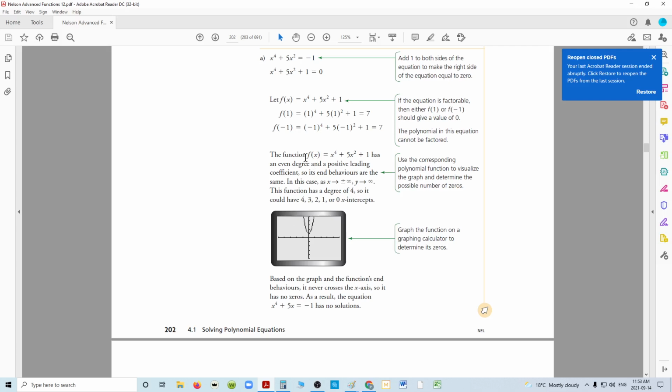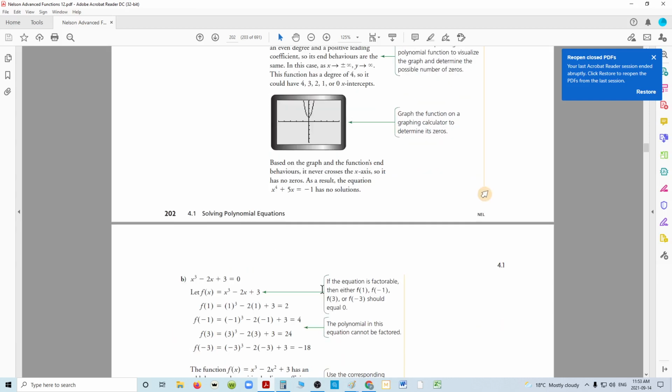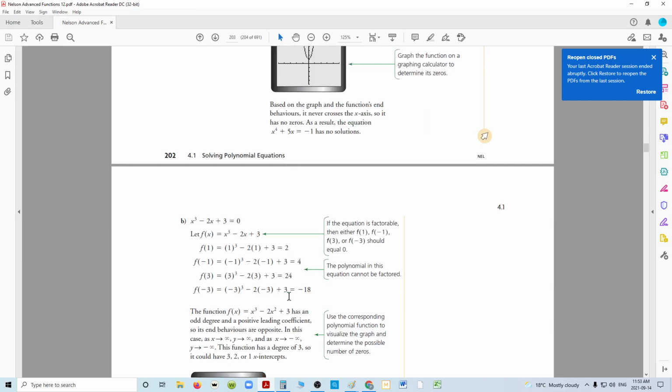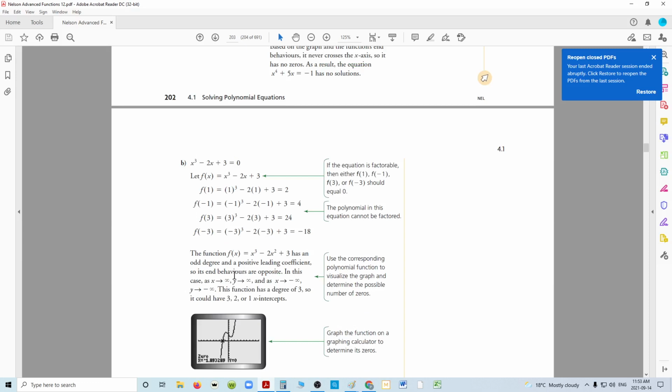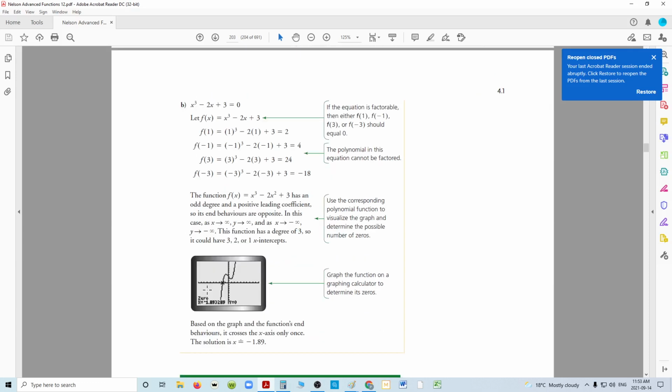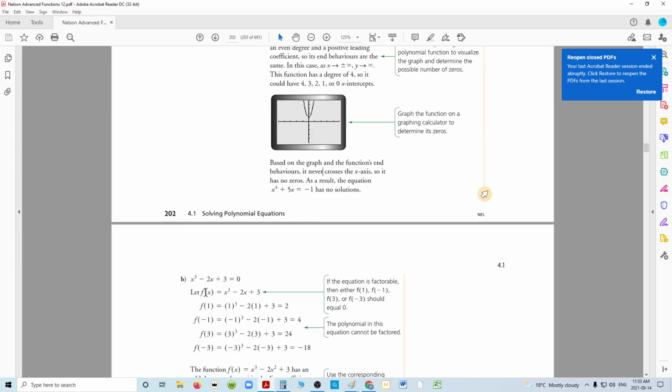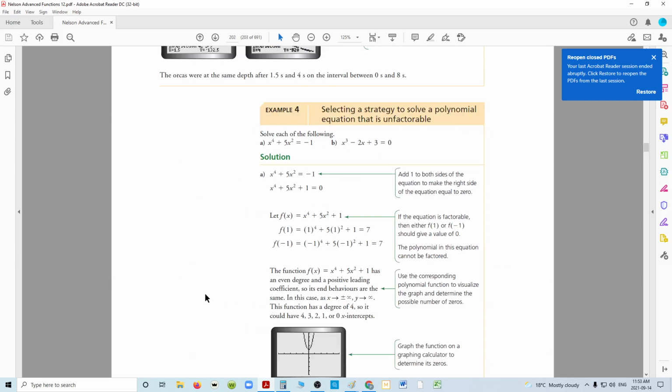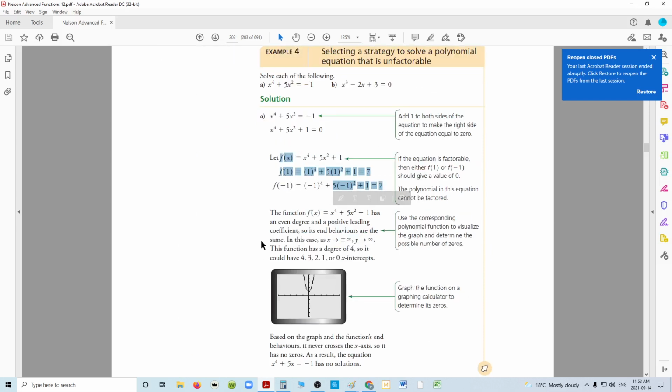They determine the first one never crosses the x-axis. Then they determine the next one. I'm not sure what the point of this is. The first one you can figure out that it never crosses the x-axis, so it has no factors.